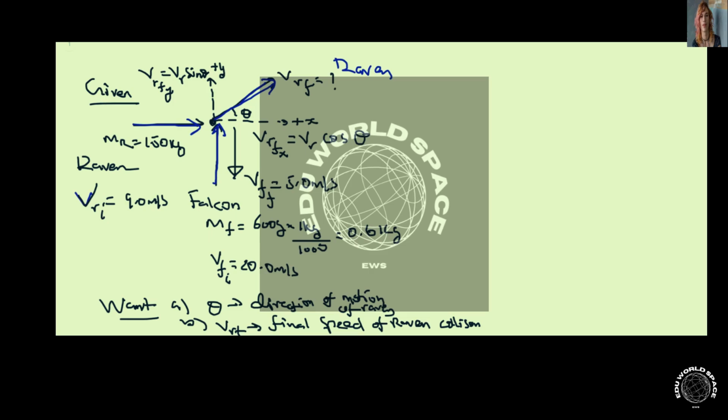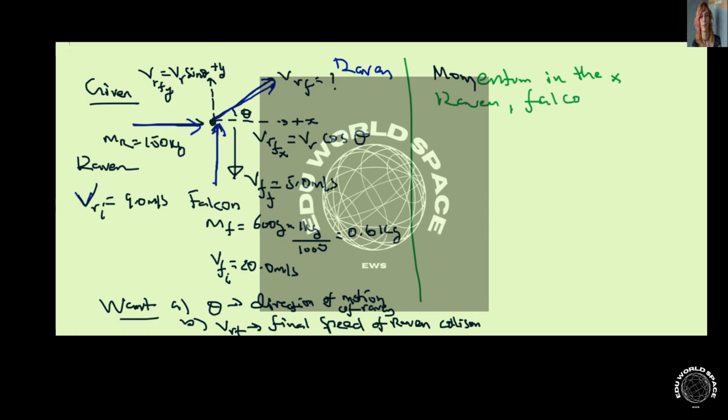We also know that the velocities are going to be resolved. So the first thing we need to find is the momentum. We're going to have to think about the momentum in the x direction for both the raven and the falcon.